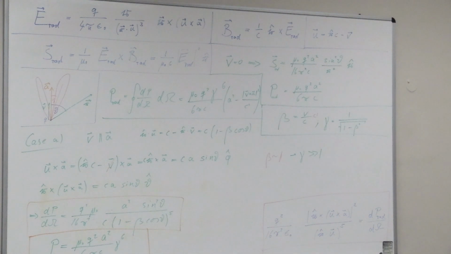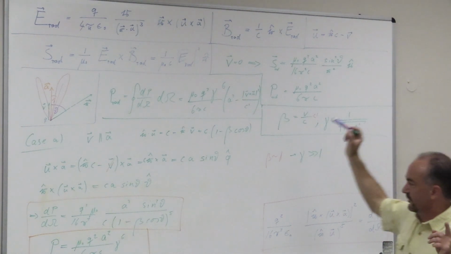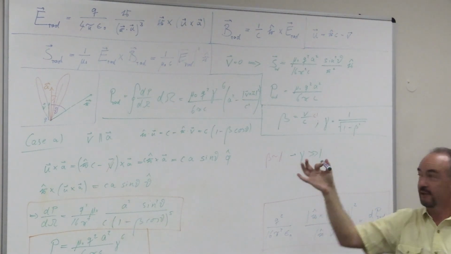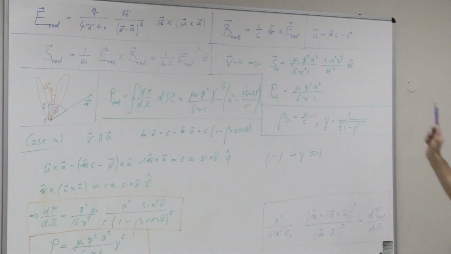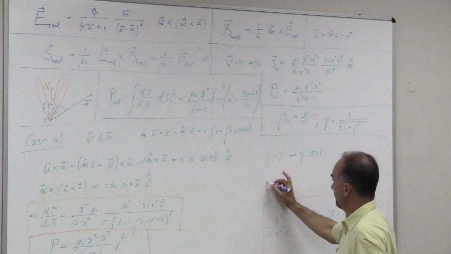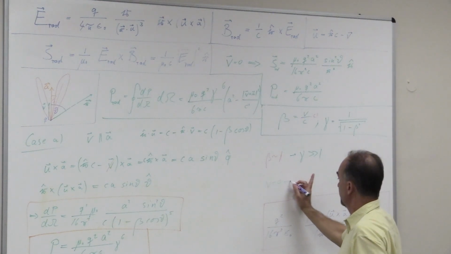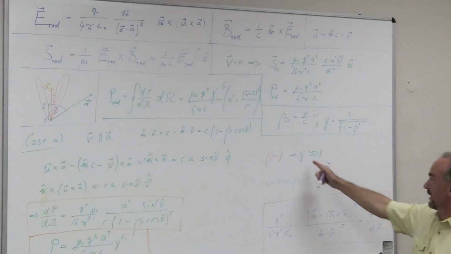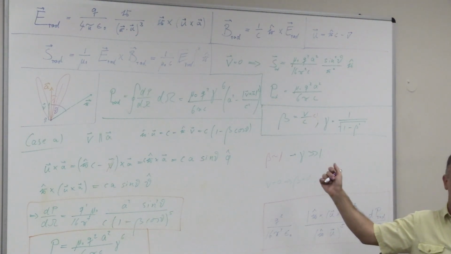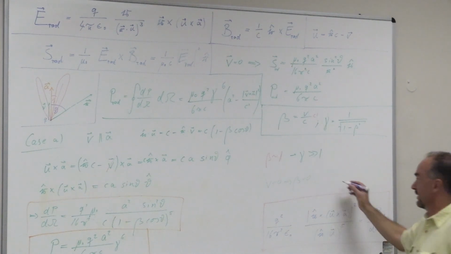You can also look at it this way: if this is all correct, then if we set the velocity to 0, we should get back to what we have here. Just quickly verify that we haven't messed everything up. If the velocity is 0, that means beta is 0, and what's the value of gamma when the velocity is 0? 1, exactly.